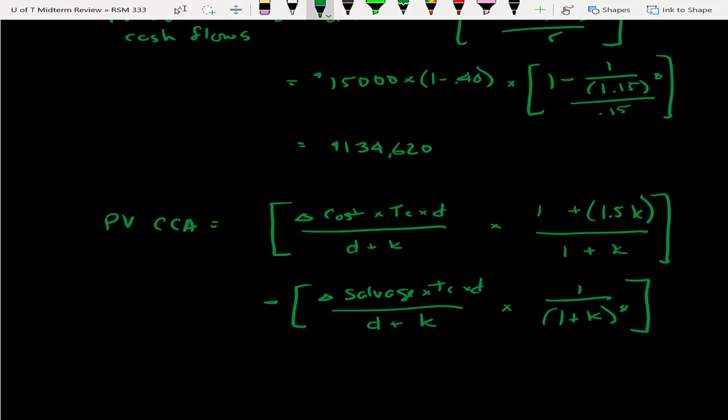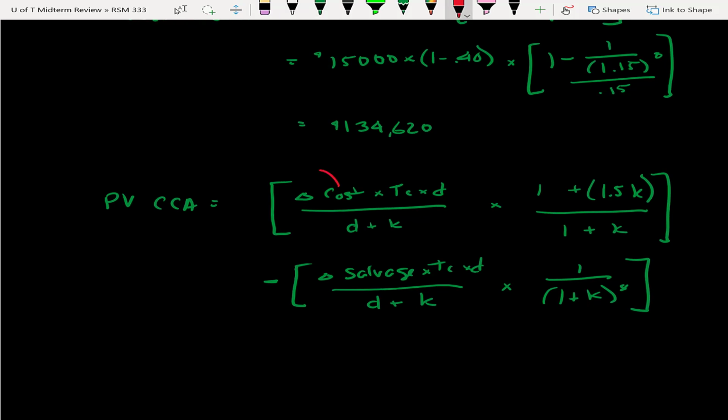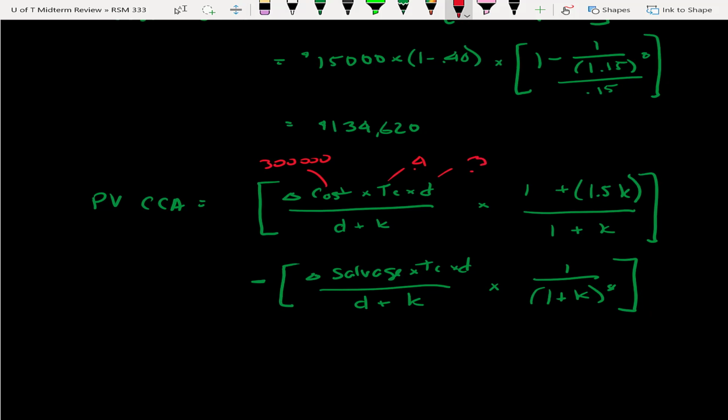So we have all of these numbers. The change in cost was 300,000. Tax rate is 0.4, CCA rate is 0.3, and K is 0.15. And the change in salvage we calculated as 85,000, so the 100,000 minus the 15,000.